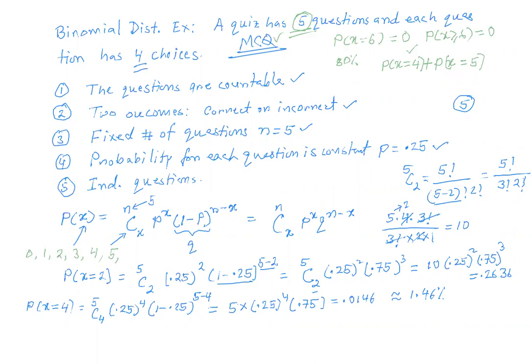The probability that someone will pass the quiz is the probability of x equal to 4 and the probability of x equal to 5 added together. So that's your probability of passing. Probability of passing is equal to this. So that's how you will do it.